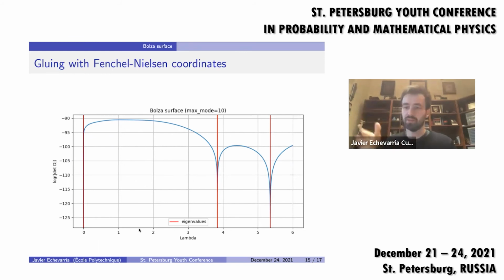And then the red bars over here show where we know the first eigenvalues to be. And then what I'm plotting here is basically, when we have that final matrix, the Calderón range, we can take the determinant, or in this case, the log of the determinant, and see when it becomes invertible or not. And so what we see here is that when the determinant goes to 0, the log of the determinant goes to minus infinity.